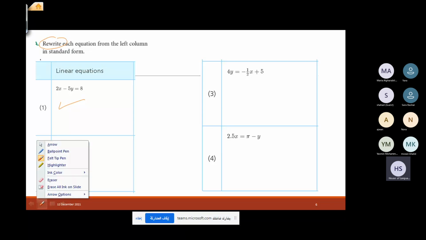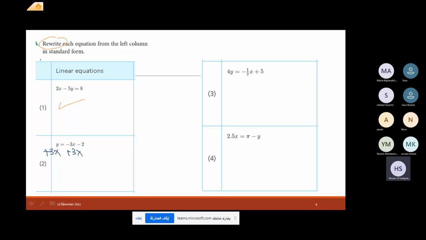You will change the sign. Bravo, you were right. Plus 3x, plus 3x. I want to move negative 3x to the left. So now it comes like 3x plus y equals negative.